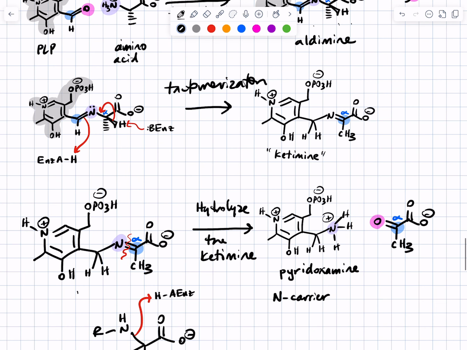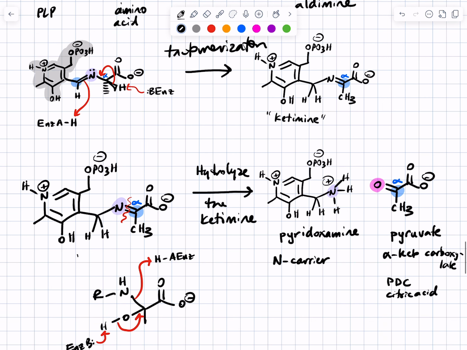And over here, alanine has become, this is something that you've seen before, it's pyruvate. This is an alpha keto carboxylate. And that can go into the pyruvate dehydrogenase complex and the citric acid cycle. And you can metabolize it like that. So one of the questions in your problem set is going to ask you, how much ATP do you get from metabolism of the amino acid alanine?